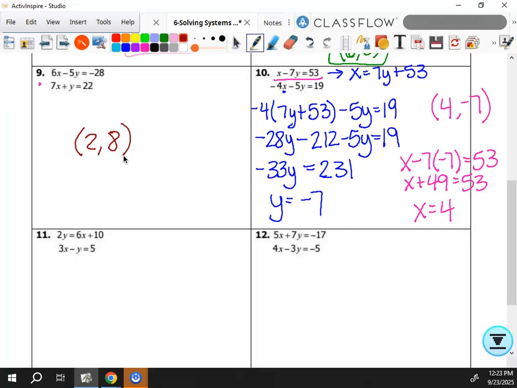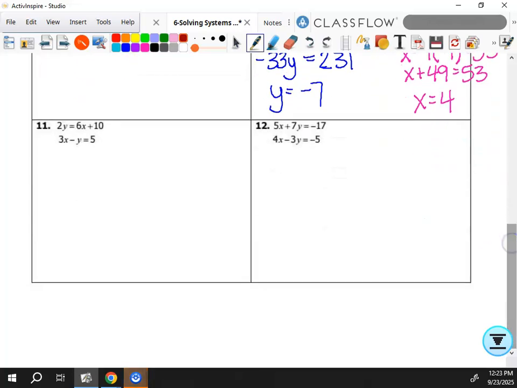All right, so then type in the equations for 11.